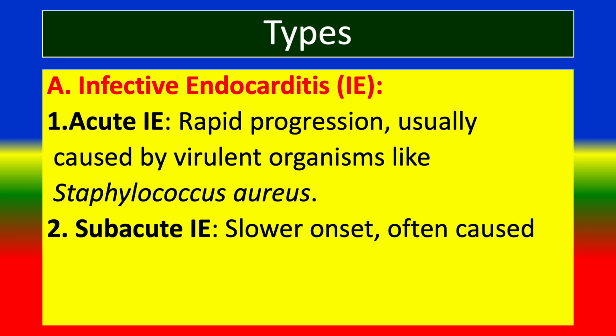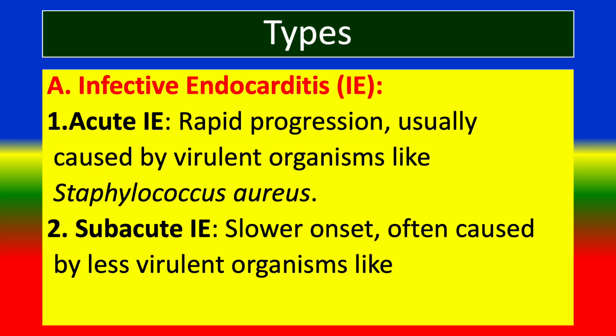Subacute IE, slower onset, often caused by less virulent organisms like Streptococcus viridans.